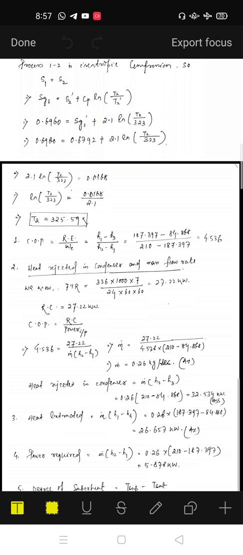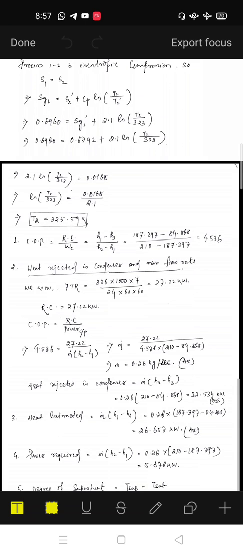But what is the power input? It is the mass flow rate into the change in enthalpy in the compressor. From this equation you can find the mass flow rate, which will be 0.26 kg per second.